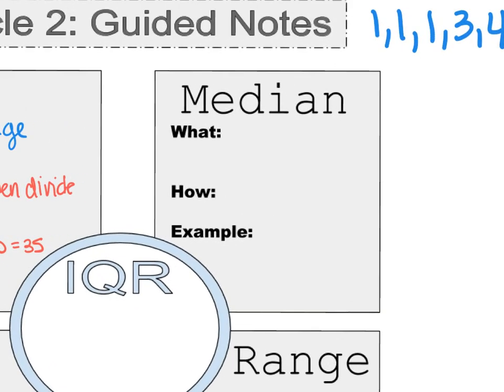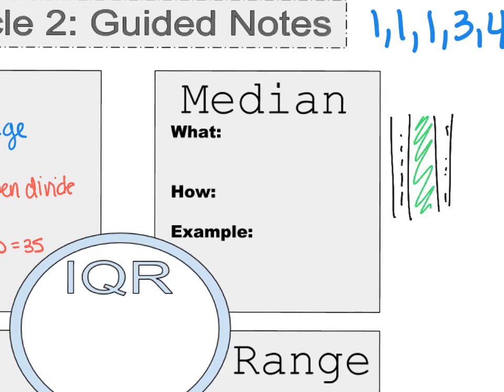For median, think of driving down the highway, where you can drive this way and you can drive that way, and there's grass in between. That is the median because it is the middle.